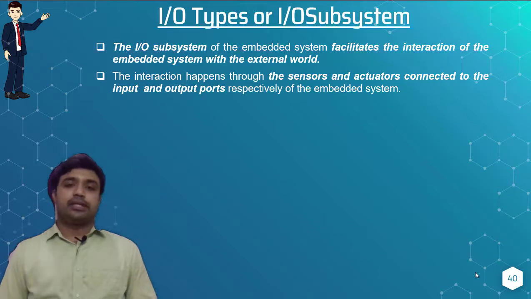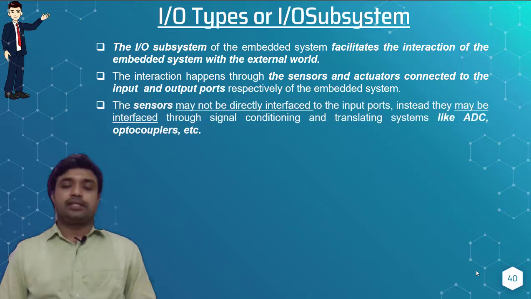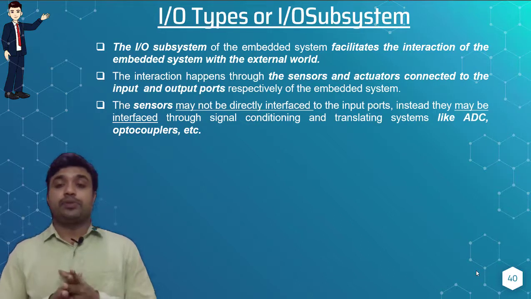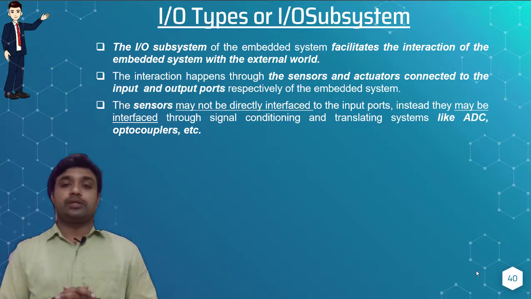Likewise, they interact with the respective ports, that is, sensors at the input and actuators at the output. The sensors may not be directly interfaced to the input ports, so we interface them through signal conditioning and translating systems. That means the response from a sensor output is modified automatically according to the input requirement.